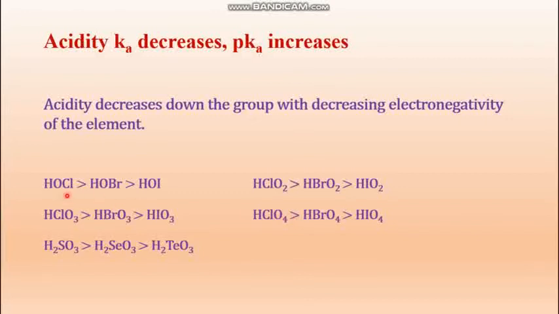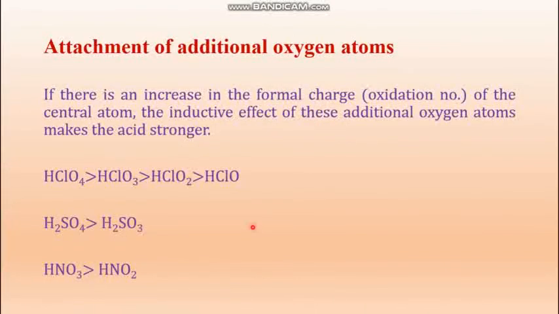Here the oxidation number of chlorine is +1, here it is +3, here it is +5, and here it is +7. So which should have the highest acidity? Definitely perchloric acid would have the highest acidity among these. So this example is compared here. HClO4 is more acidic than HClO3, which is more acidic than HClO2, and it is further more acidic than HClO.